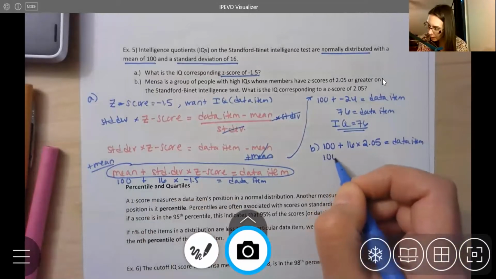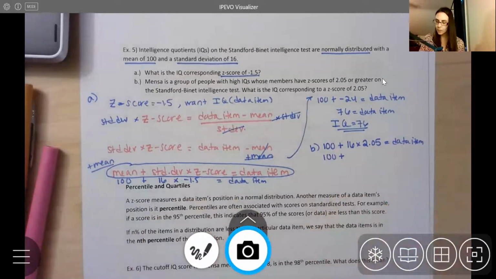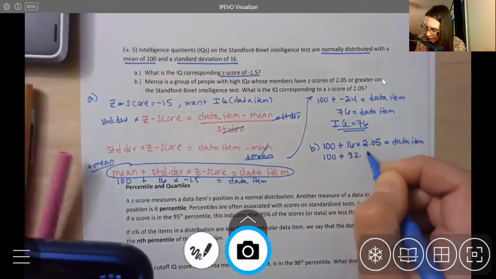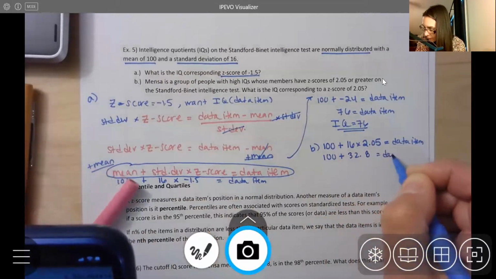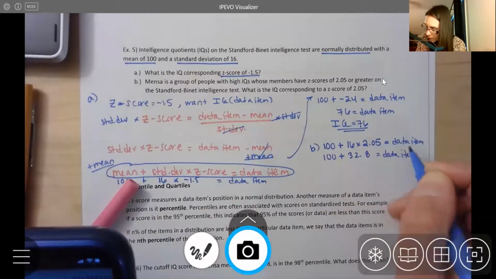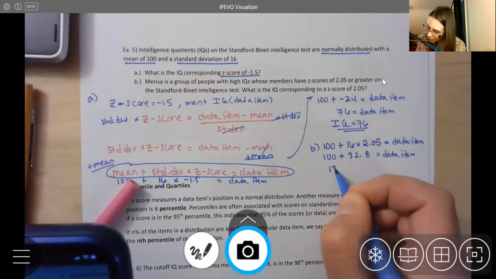So I have 100 plus 16 times 2.05, which is going to be 32.8. Plus 100 is 132.8.